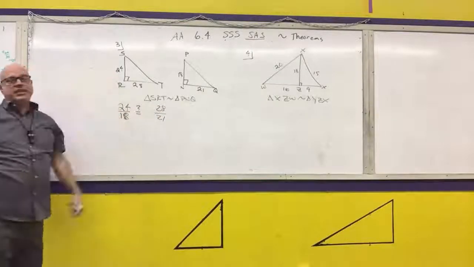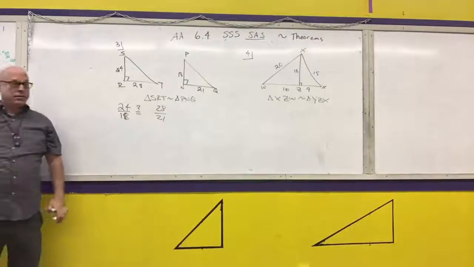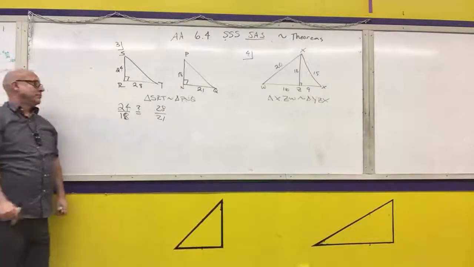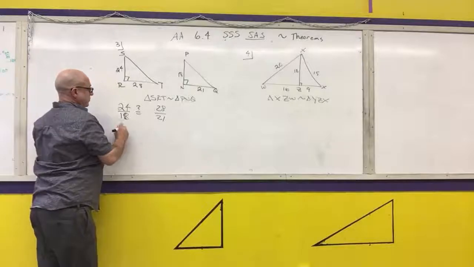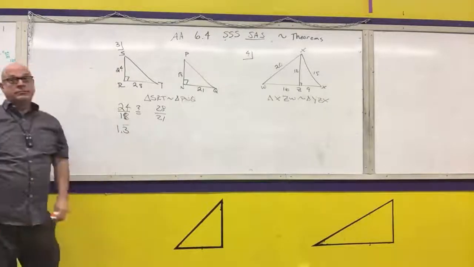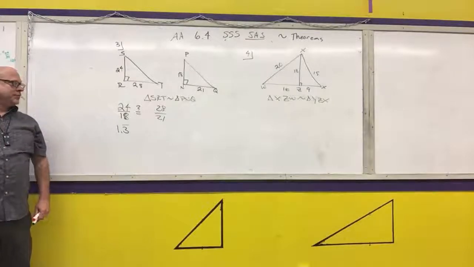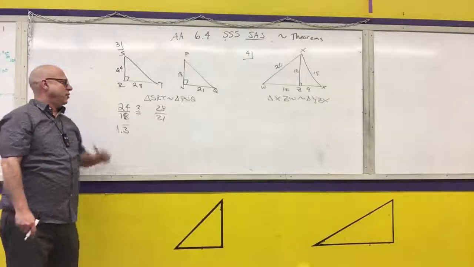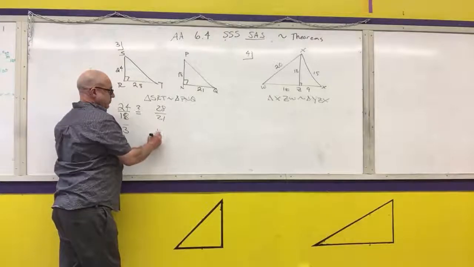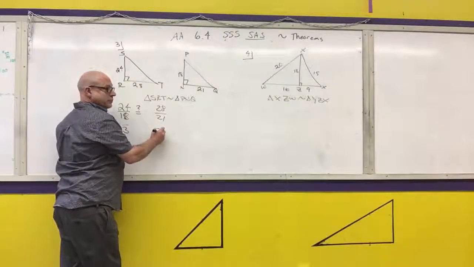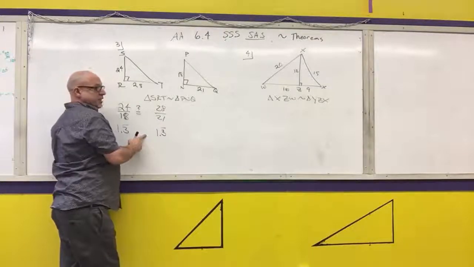What's 24 over 18? Calculators, please. Okay. What's 28 over 21? They are the same as each other.